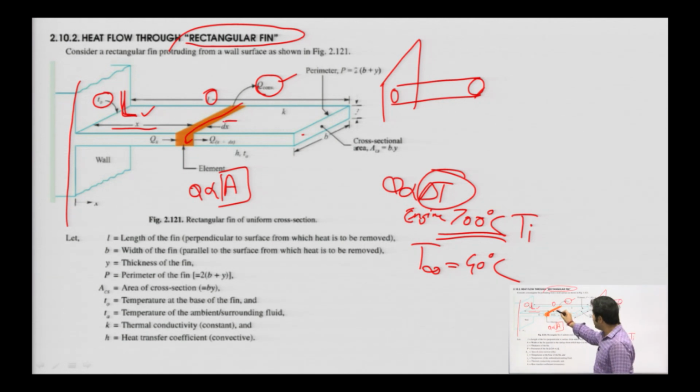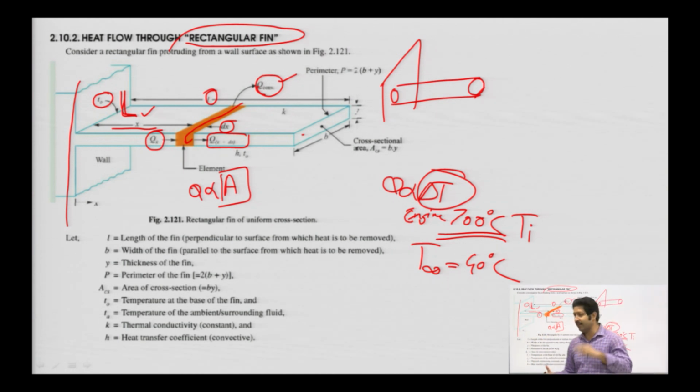The elemental thickness is dx, as we have done in the heat conduction equation. So this is qx that is coming into the element. Once it crosses dx, it will be q(x+dx). Do you remember that in that derivation, qx had an elemental heat added to it because of internal heat generation?